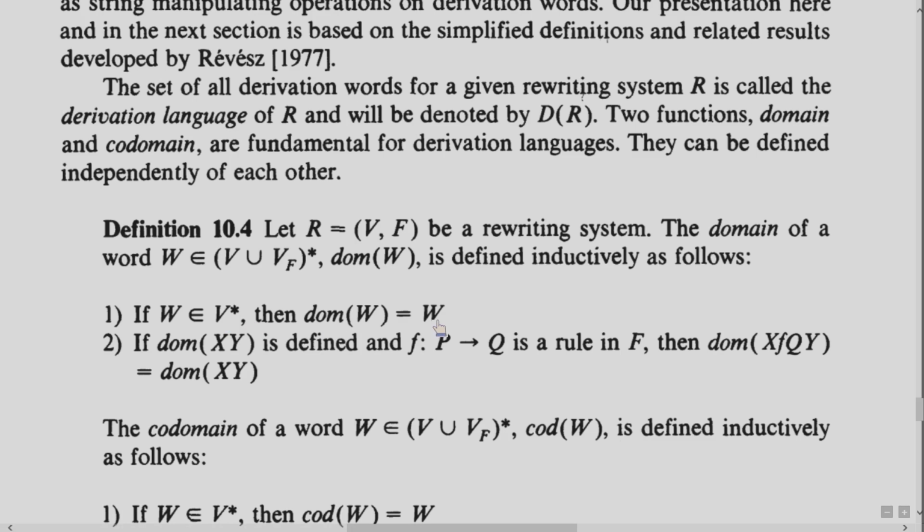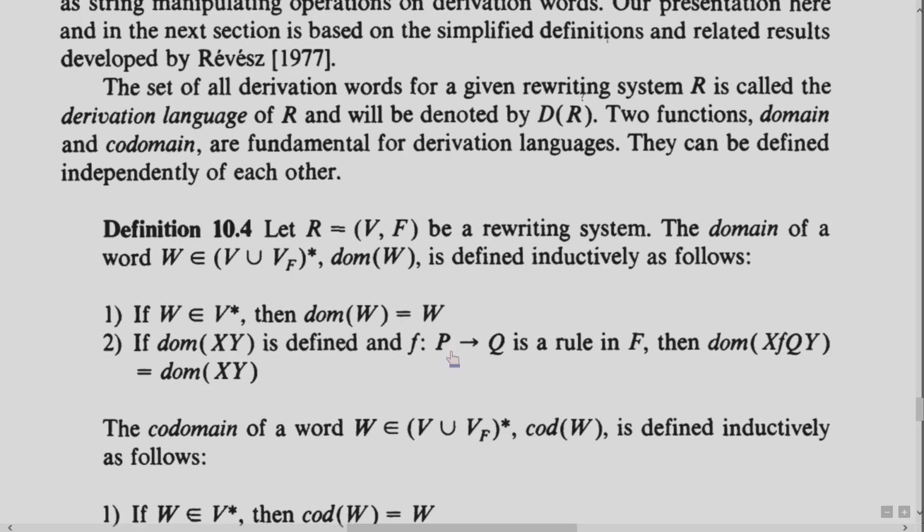If W belongs to V star, means W contains terminals or non-terminals only, no production rule is involved in this case, then the domain of W is W itself. And secondly, this string XFQY also contains variables, terminals as well as production rule F. So for this, the domain is given as XPY. The first and the last strings are extracted and concatenated.